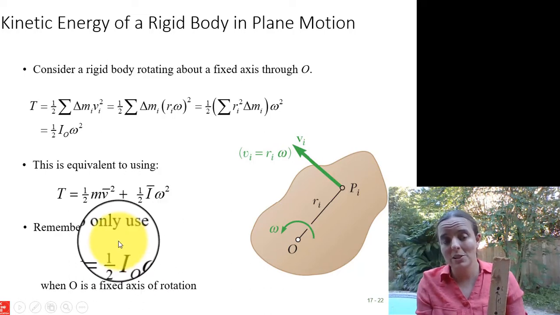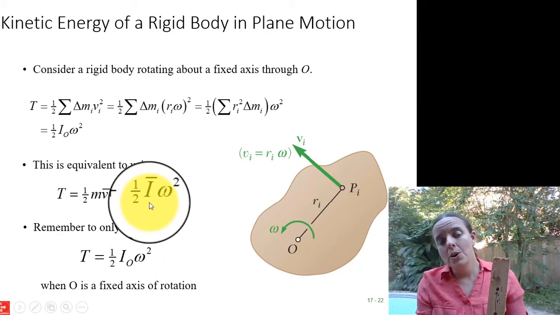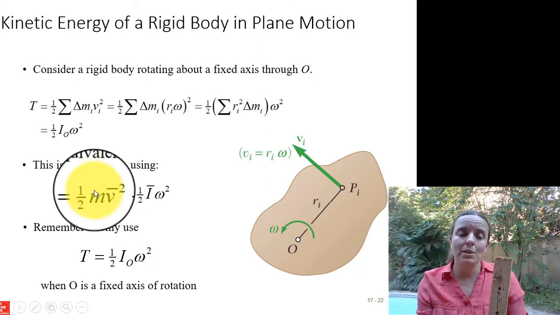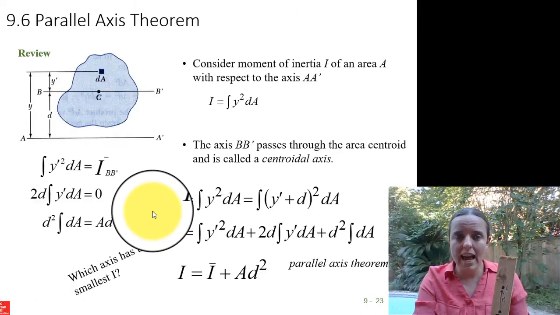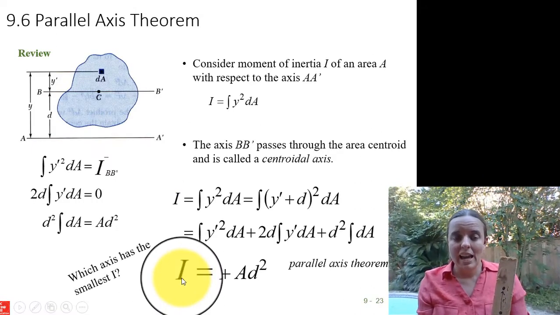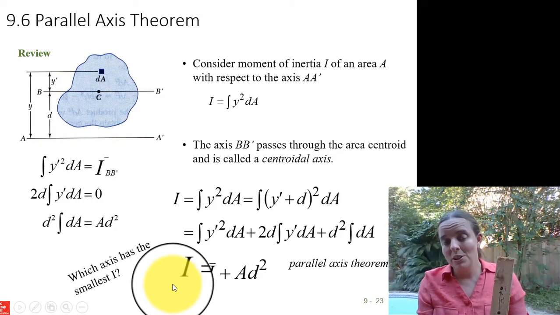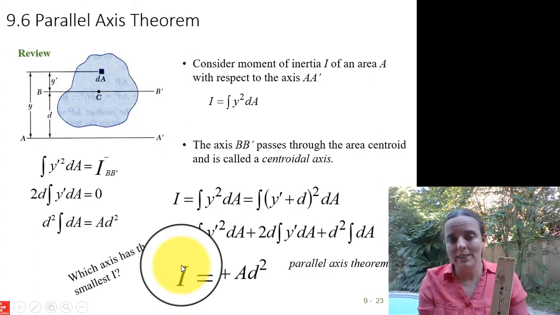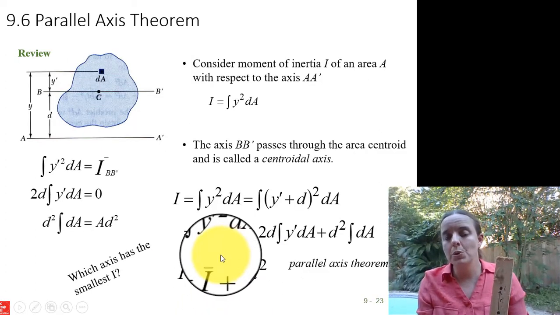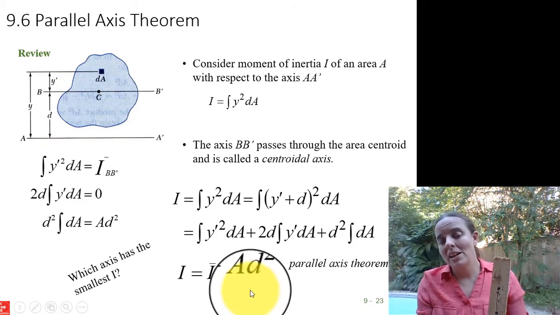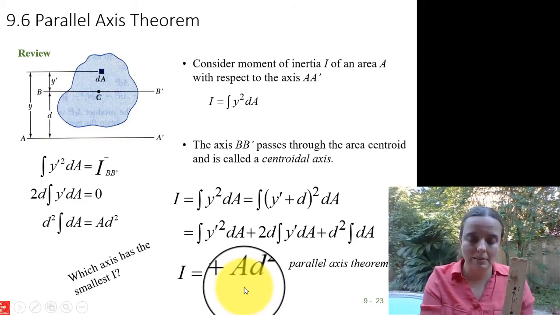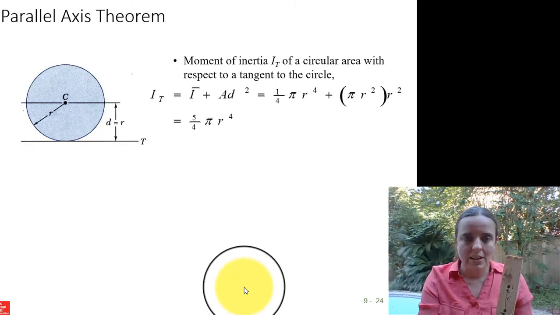So you're either getting the inertia around the new axis, or you have to add these two different terms together to get your kinetic energy. You either just grab the inertia around the new axis, or you have two terms, because it's the inertia around the old one plus that new distance, to get your other kinetic energy.